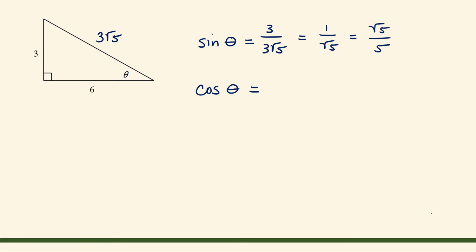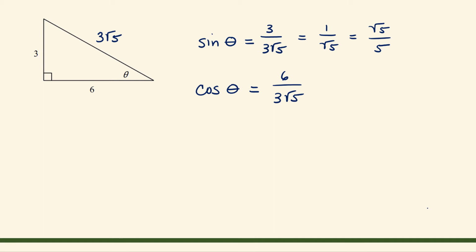Next, let's find cosine theta. The cosine of an angle is equal to the adjacent side over hypotenuse. The adjacent side of angle theta is 6 units. The hypotenuse is 3 root 5. So cosine theta equals 6 over 3 root 5.